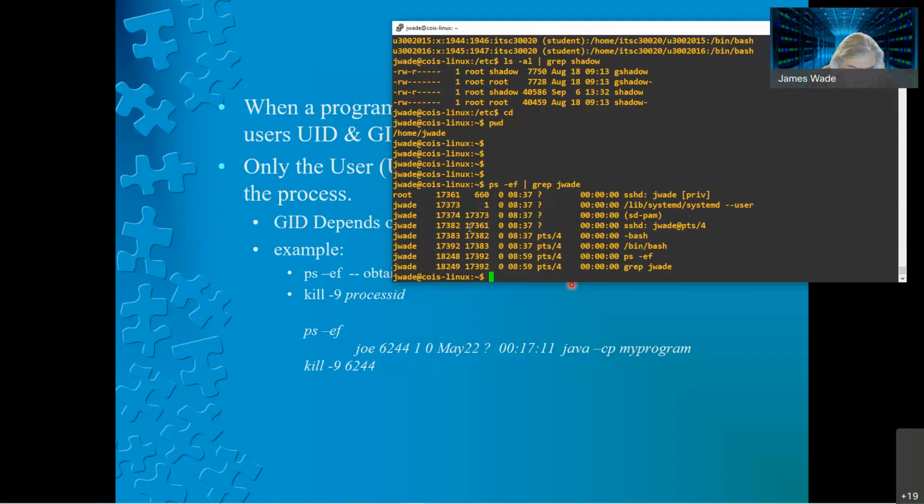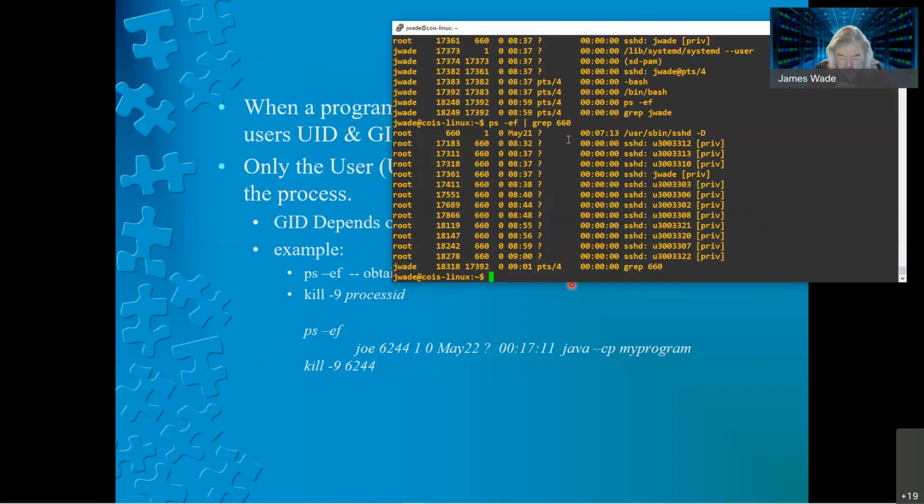And even this one, look, 17361, it has a parent process ID. Okay. And then here, 660, if we wanted to, we could do a ps -ef and grep for 660. So I'm just tracing those processes back. And look at this. All of us that have logged in, all of us, well, the SSHD daemon, the shell daemon, that's a program that runs.